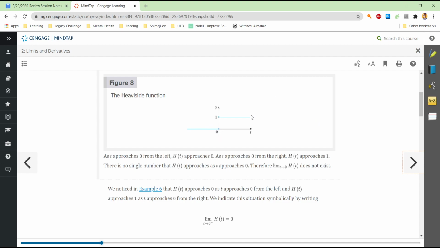But from the right side, as x gets closer and closer to 0, it approaches 1. It looks like it's going to 1, and then it stops. Because the left side is 0 and the right side is 1, we can say the limit does not exist. This line does not go to 1 fixed point, it goes to 2.